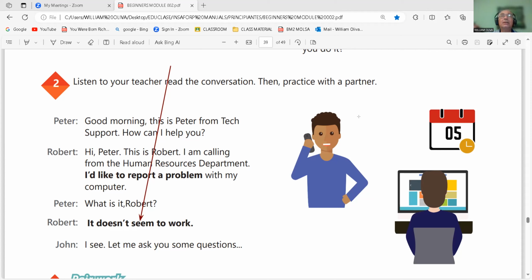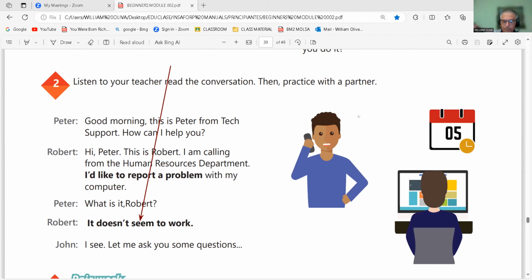We use seem when we analyze a situation. Example, if you are watching the news on TV and you see that the gasoline will increase in price, the new prices for the gasoline, and you think, okay, it seems I will spend more on gasoline. Then when we analyze, we use the word seem.